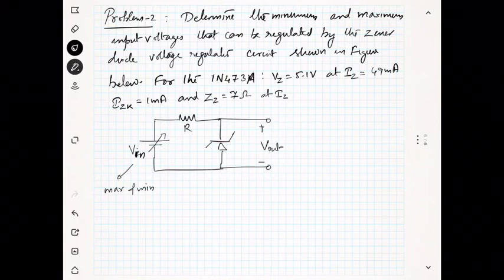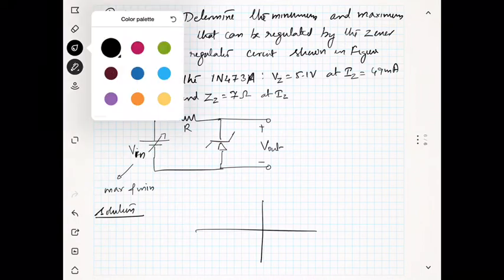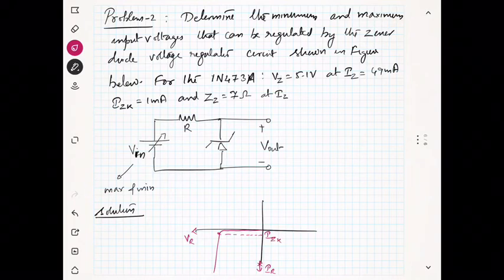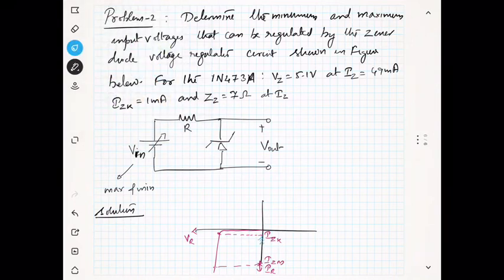So you know that whatever voltage you give, the Zener diode should operate in its operating region. It should not run away from the operating region. That means the Zener diode is having reverse voltage and reverse current. The current in the Zener diode is minimum Izk and maximum Izm, and it should be between this limit.